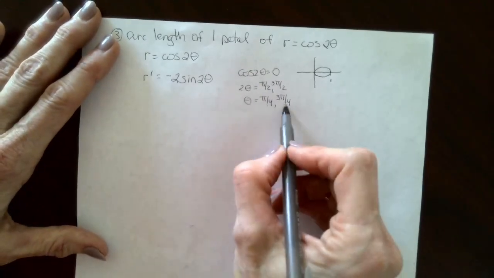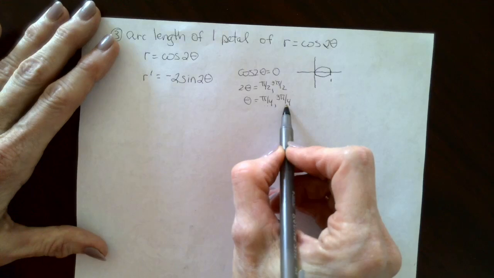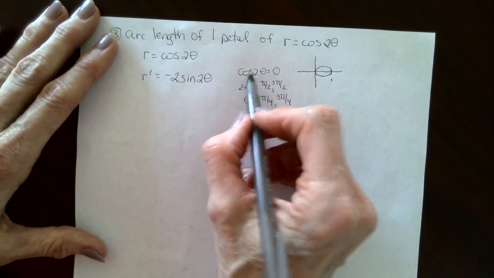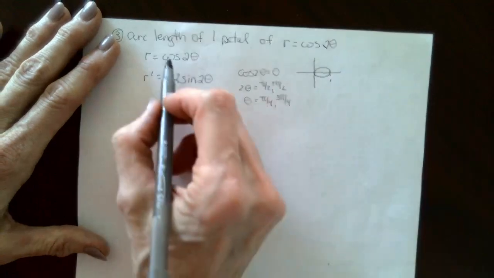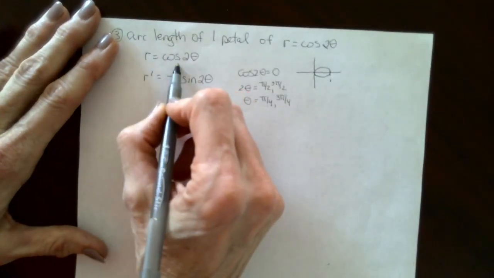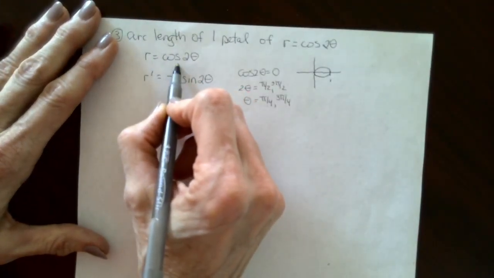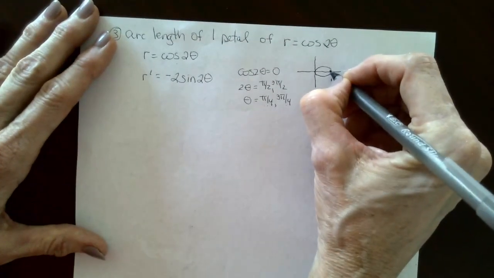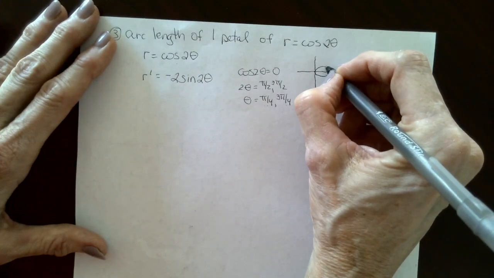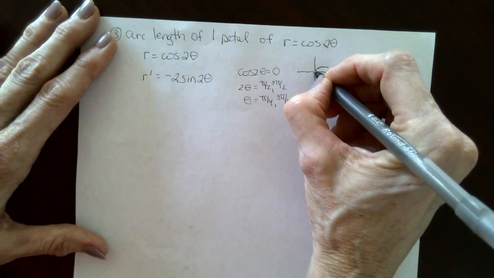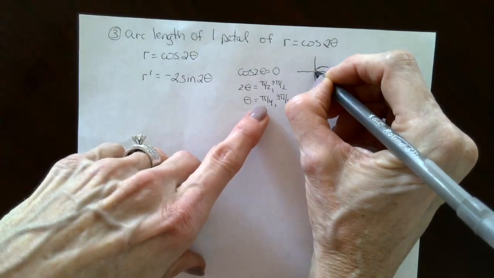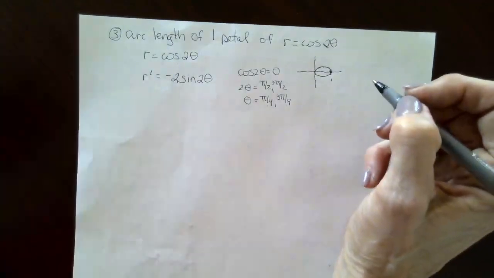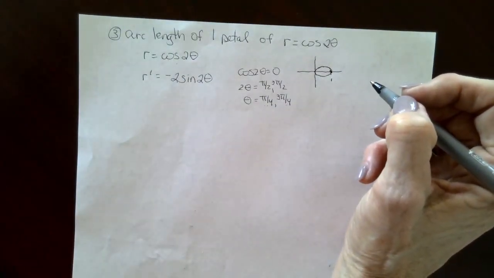That is when your curve will hit the pole, where r is 0, right? So when theta is 0, what's the cosine of 0? 1. So I start this curve right here at 1. When's the first time I'm going to hit the pole? Pi over 4, right? So from 0 to pi over 4, I have half of my arc length.